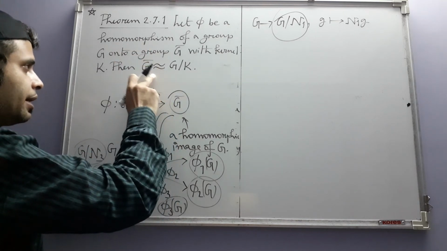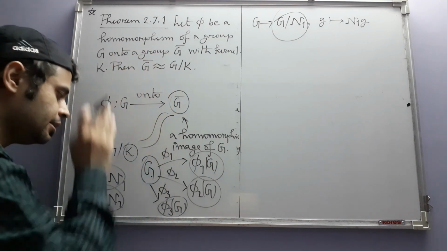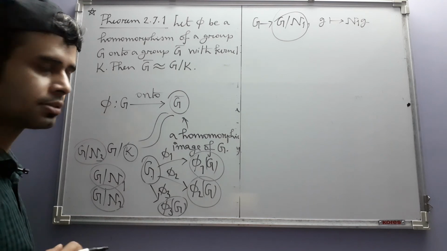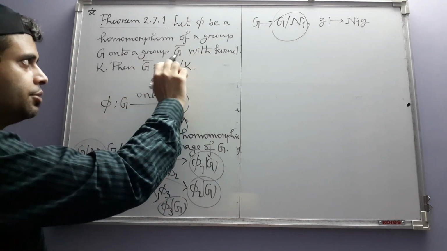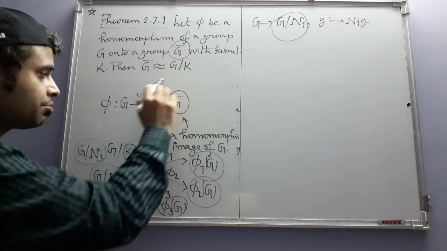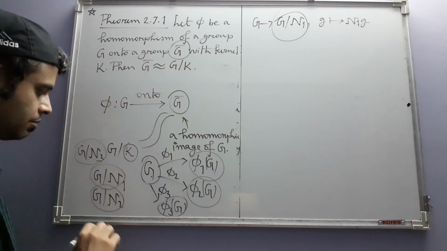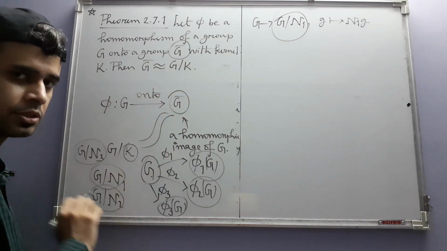This theorem additionally says that these are the only homomorphic images. We won't get anything new, any homomorphic image that cannot be obtained by this scheme.